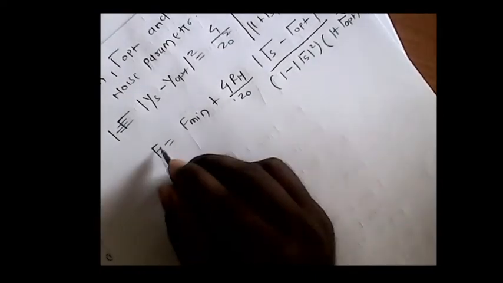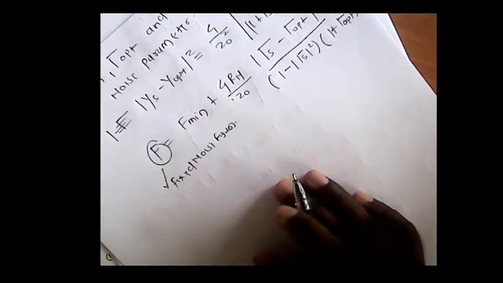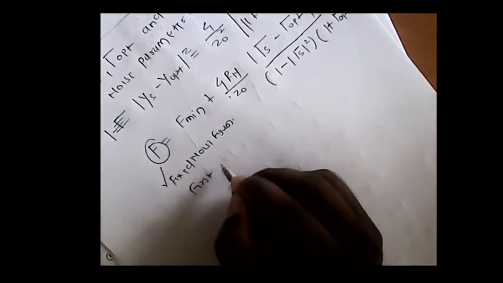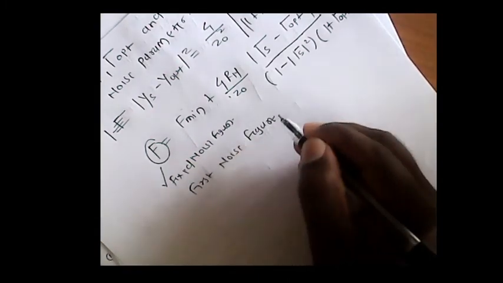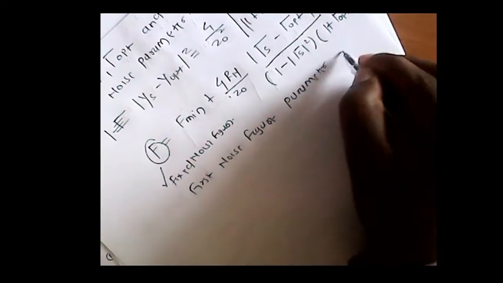Now this F is a fixed noise figure. So we can define the circle on the plane for the first noise figure parameter, that is n.